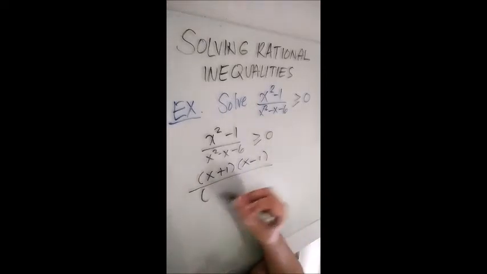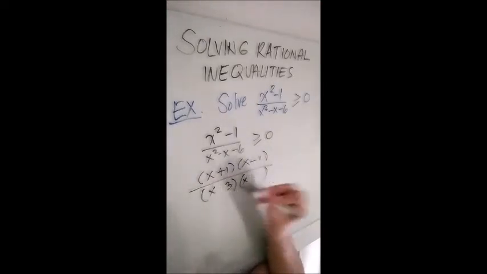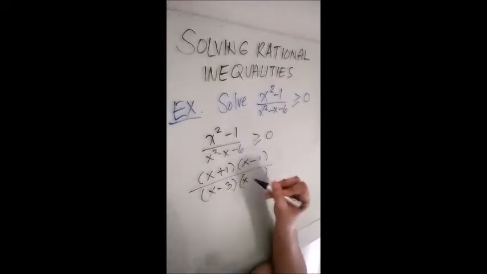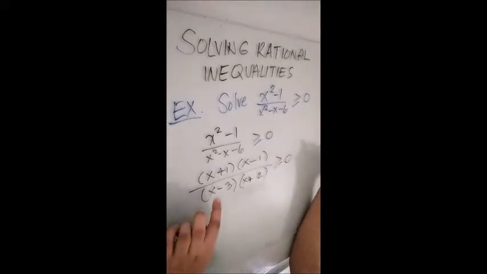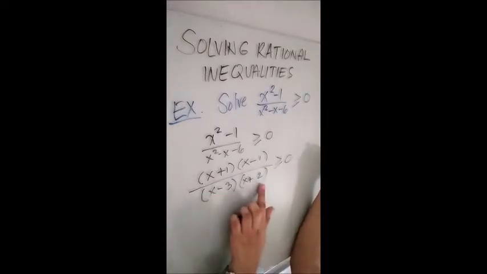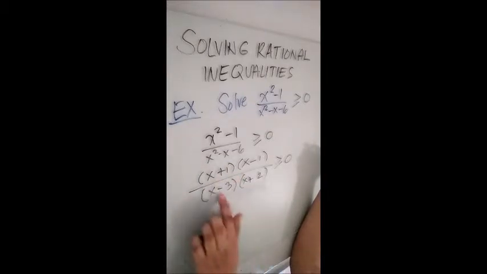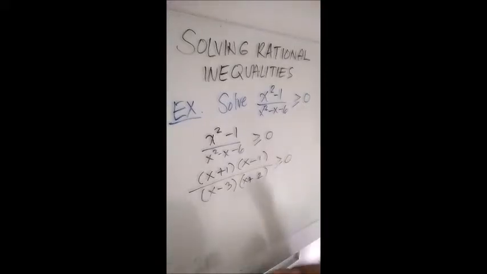The factors of the denominator are (x minus 3)(x plus 2), greater than or equal to 0. You can check if these are correct factors: x squared, 2x, negative 3x gives negative x as the sum, and negative 3 times 2 is negative 6. So these are the factors.